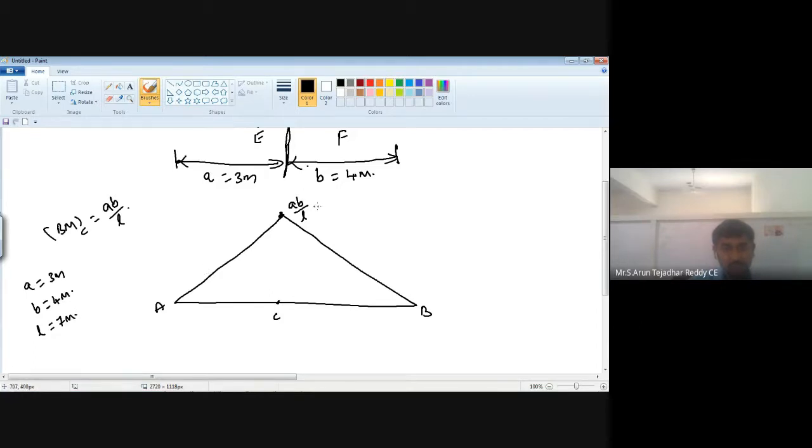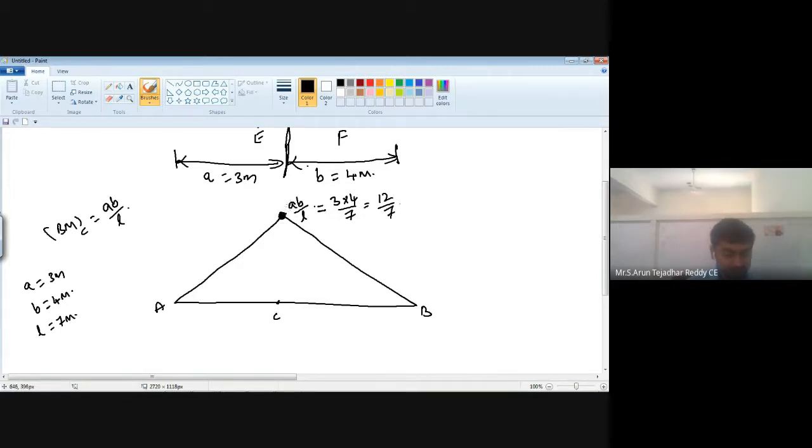So AB by L means 3 into 4 by 7, that is 12 by 7. So the maximum ordinate at point C is 12 by 7. This is the first diagram, ILD for bending moment at C, in which we got 12 by 7 as the ordinate.